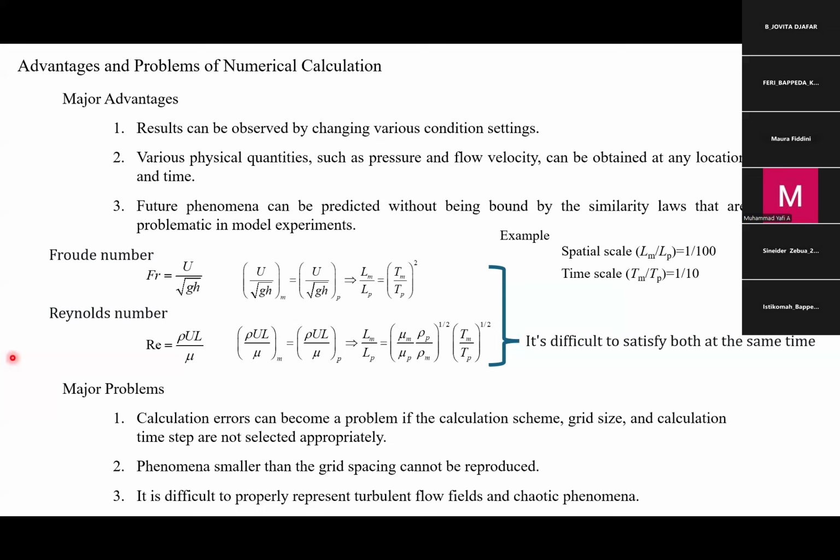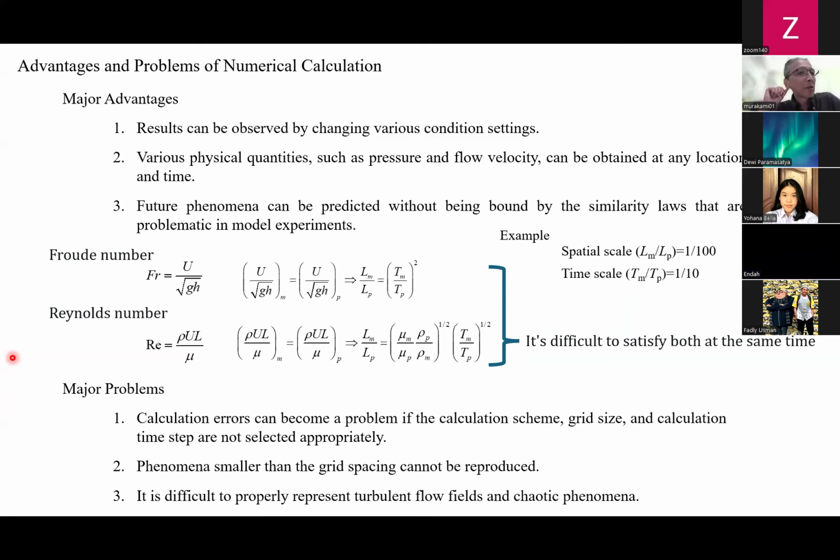So in the previous slide, I showed you the grid and cell. So this is related to the time step delta t. So we need to select a time step delta t carefully, considering the space discretization delta x and delta y.